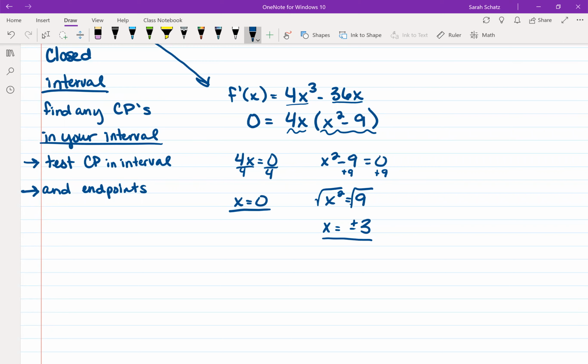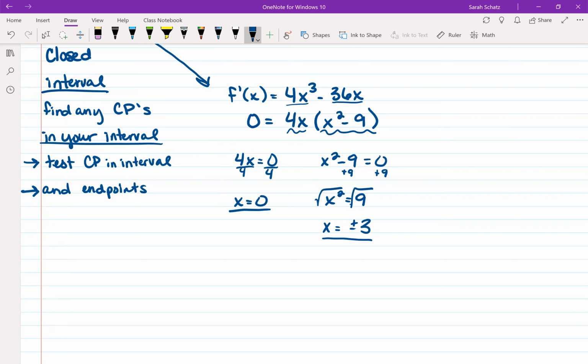So go back up to your interval and think about the critical points that are going to fall in here. So remember, I have 0, 3, and negative 3. Do you guys, does 0 fall in the interval between negative 4 and positive 4? It does. What about 3?